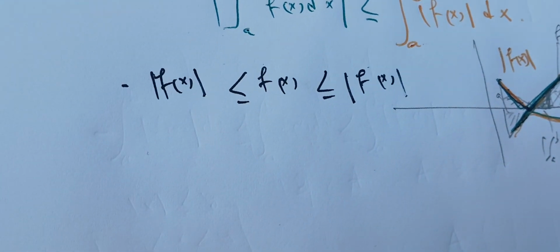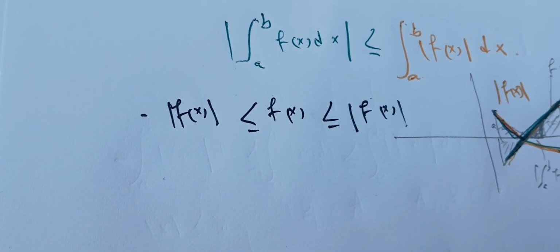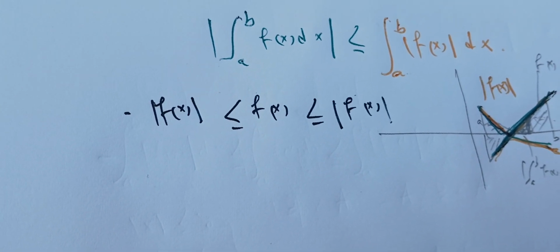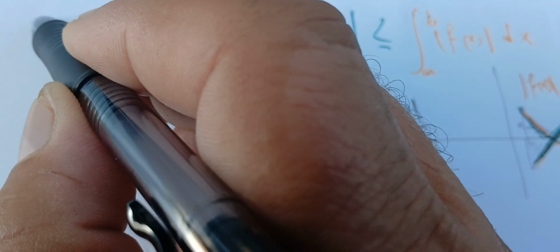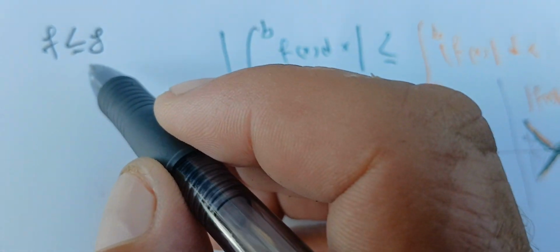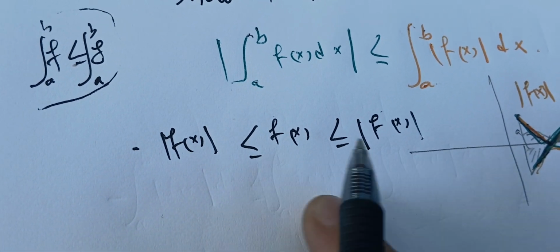Now I can use integration and rules of the integral. Remember, if I have f less than some g, then I can integrate between a and b without worrying about the order. And here I can do the same thing.